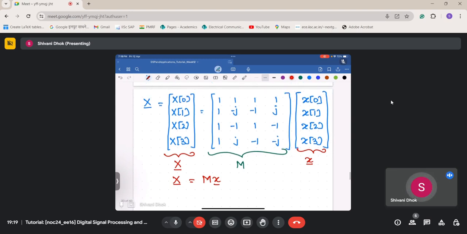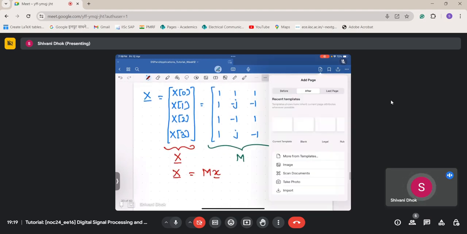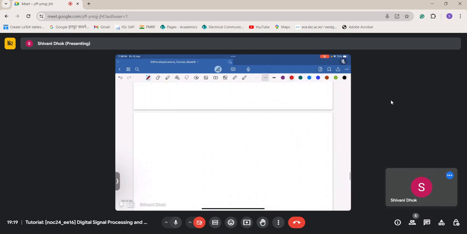So now what we will do, we'll look at some property of this DFT and see what happens, or what do we understand by looking at these things, or somehow can we exploit the properties of DFT. So for that, we have this case that x of n has a DFT of X of k, right?